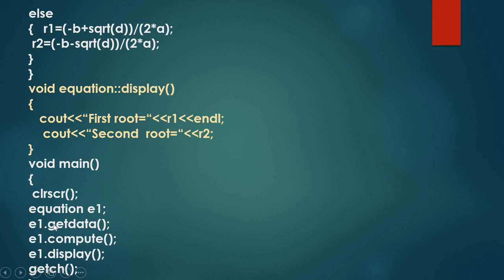Then first we need to input the coefficients. For that, E1 dot get data. After that we are computing the roots. For that, E1 dot compute. After that, displaying the roots with E1 dot display. This is the program for finding the roots of a quadratic equation.